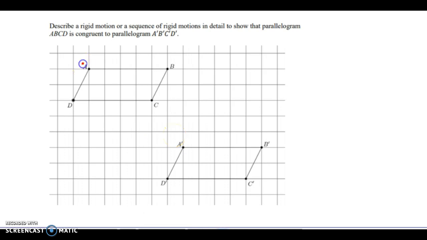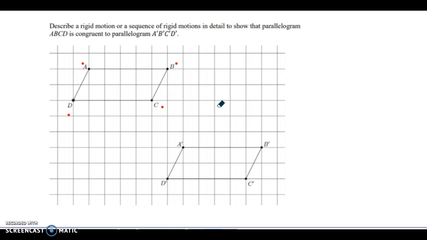If you see these letters A, B, C, and D, they're just letters. But if you look at the second shape, we have what's called prime notation, that little apostrophe. That shows us that that is the new object that has been translated.